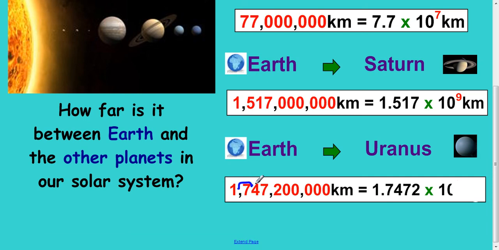And 1, 2, 3, 4, 5, 6, 7, 8, 9. So we can rewrite this 1,747,200,000 kilometres as 1.7472 times 10 to the power 9 kilometres.